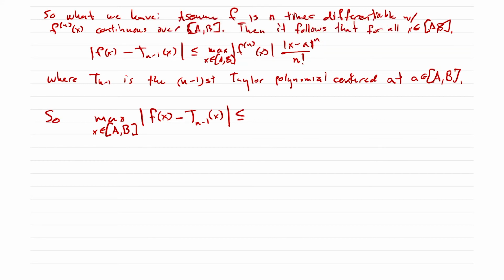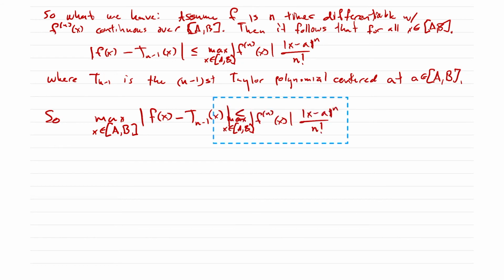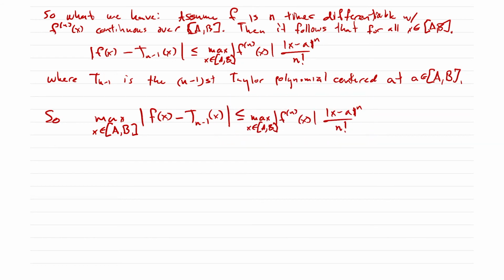Copy, paste. But then again, since x and a are both assumed to be inside of [a,b], we can just write b minus a, or the length of the interval. Okay, so that gives us a uniform bound that's independent of x and independent of a.